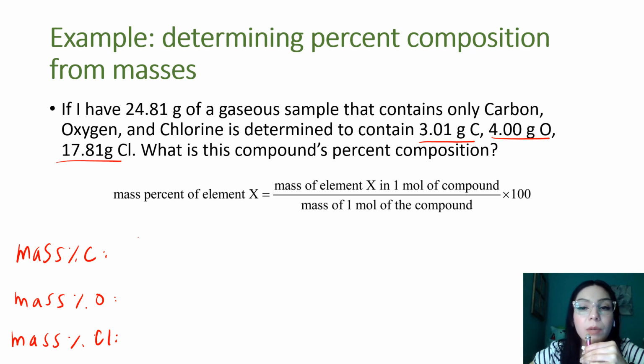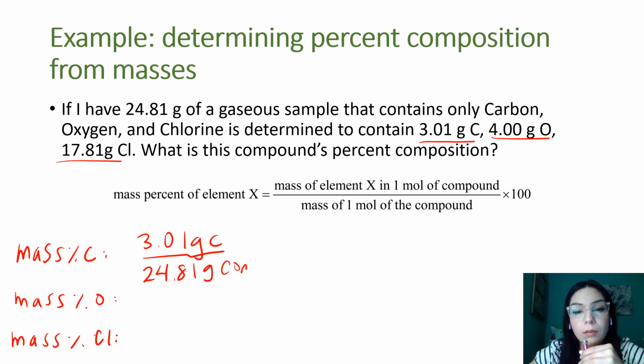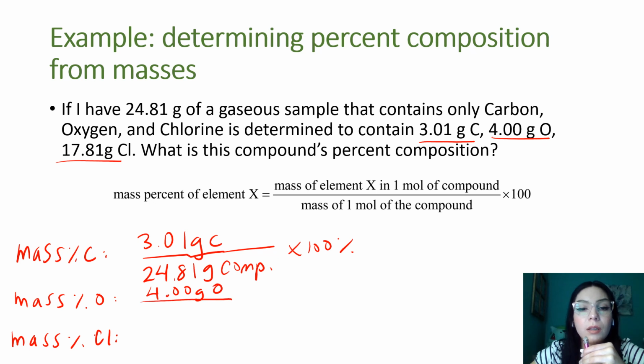So for carbon, we're going to take the mass of carbon over the mass of the entire compound. You can just write comp. Times it by 100. We're going to do the same setup for the oxygen. 4 grams of oxygen divided by the mass of the compound.